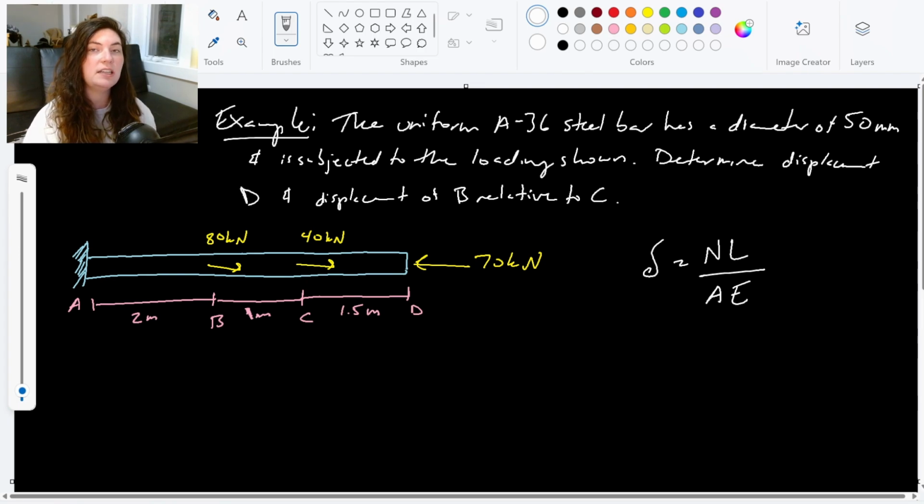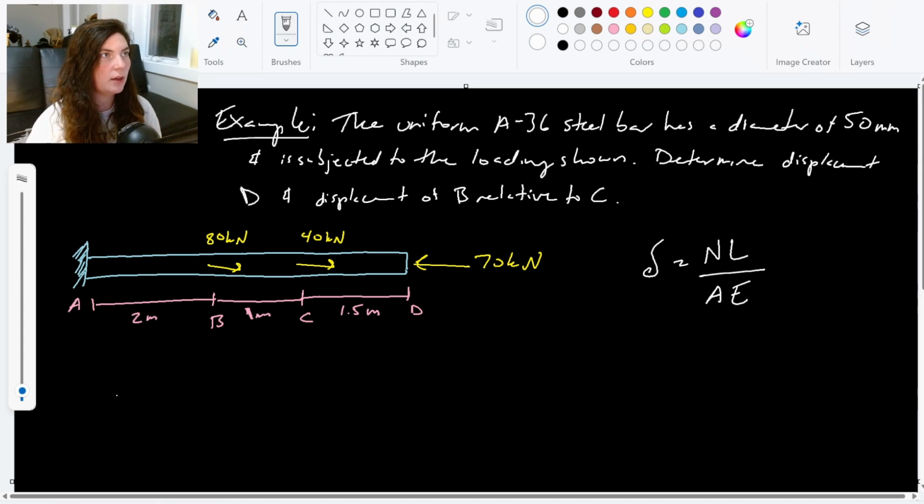Now, the delta is relative to the left-hand side. Anytime you're taking these displacements with this axial load equation, it's going to be taking the displacement from the far left point and then through your section. So for our first one, let's start with section AB, since it is our most left section. That's the one it makes sense to start with.